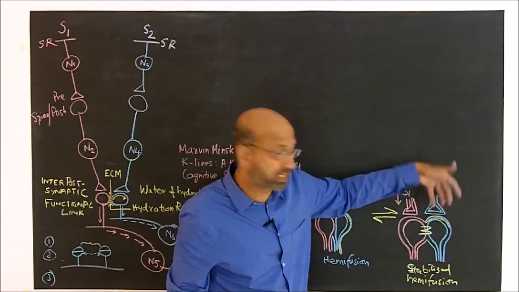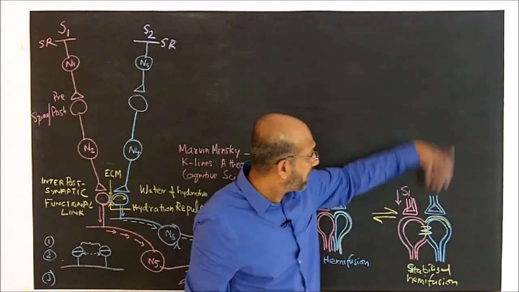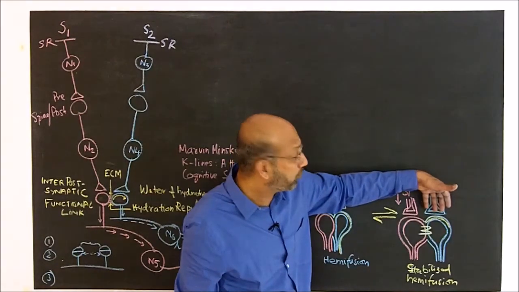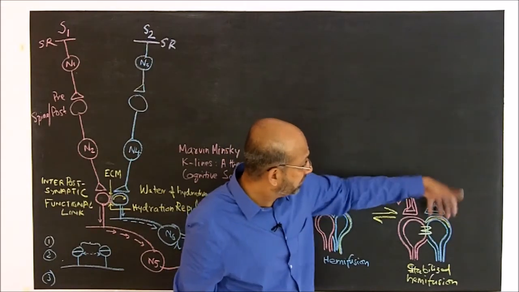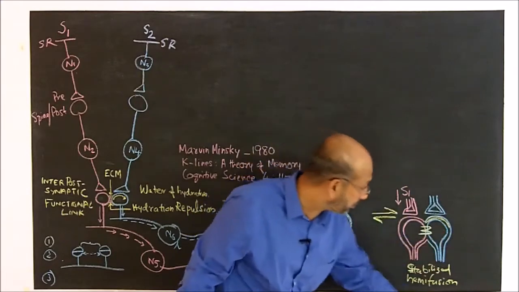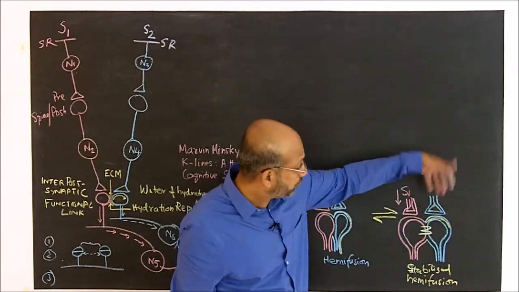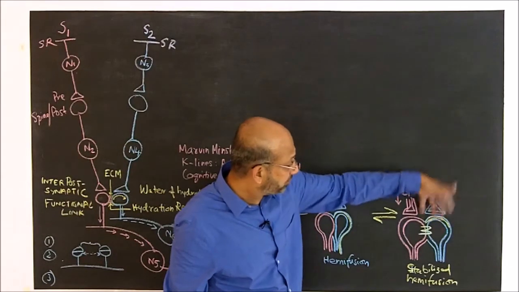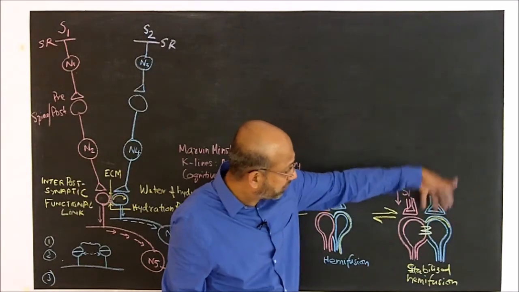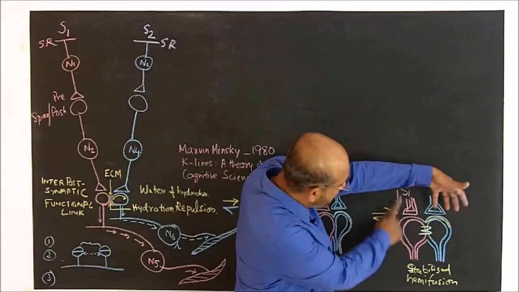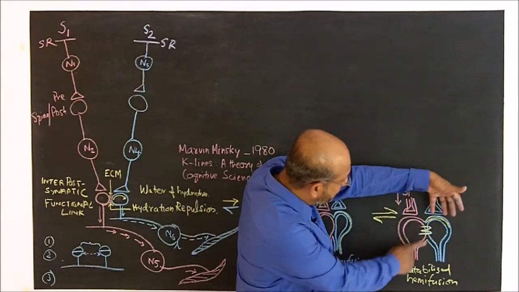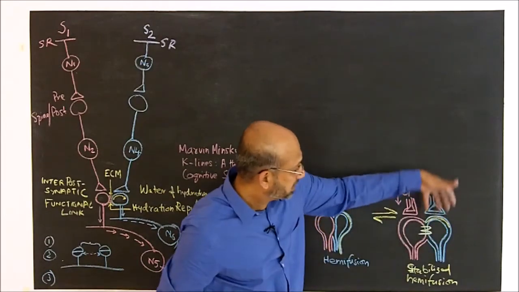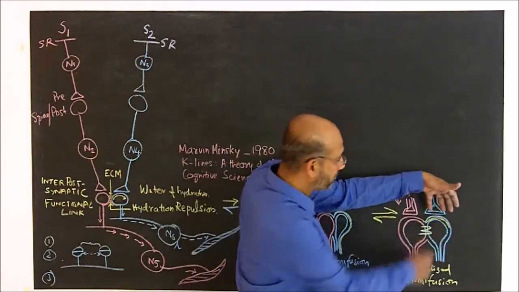That's a default state. Occasionally there will be an arrival of an action potential at this presynaptic terminal, releasing a volley of neurotransmitter molecules, inducing postsynaptic potentials which propagate down towards this neuronal soma. So this is the background default state of the system, and in that background default state, now the cue stimulus is arriving here and it is propagating through this interpostsynaptic functional link towards that second dendritic spine here.